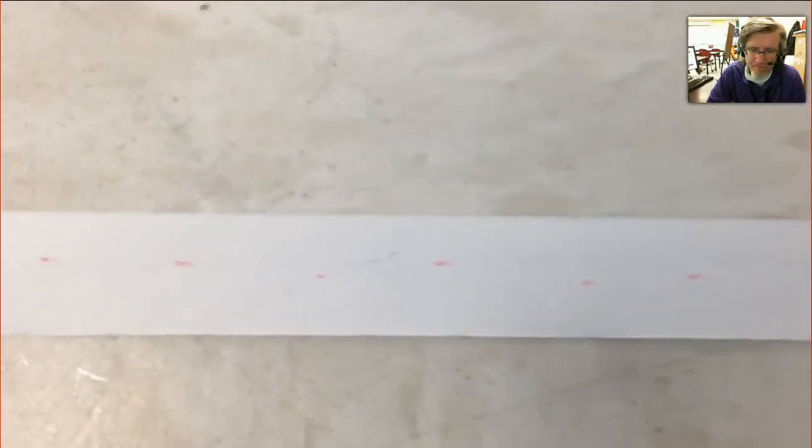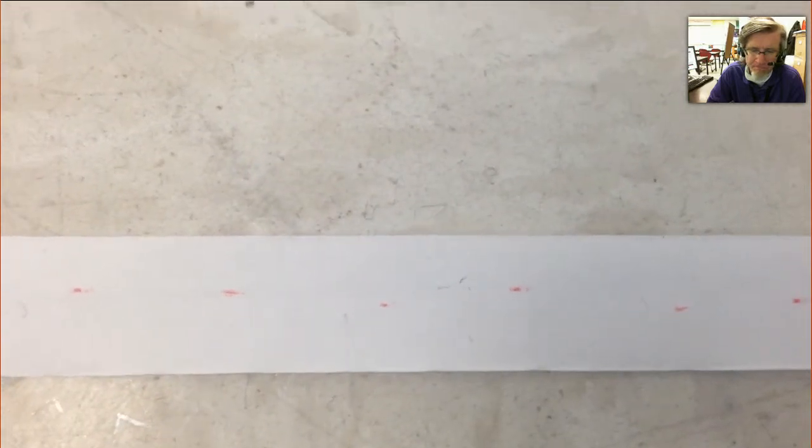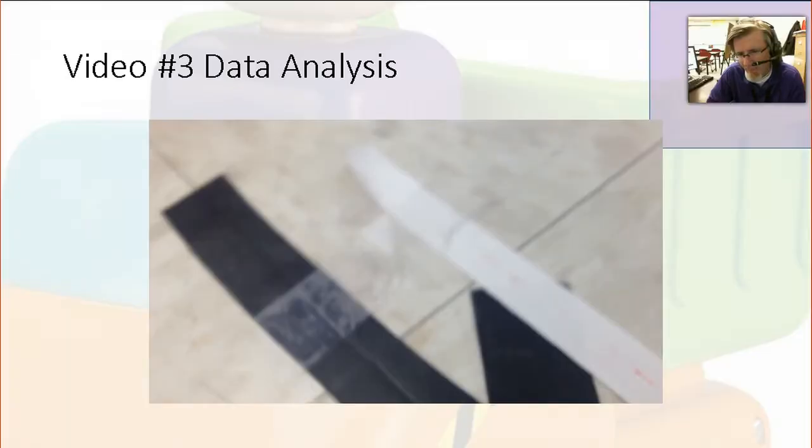We have a lot of little red dots all together. If we move along the tape, we see other dots. All the way along the tape, we have little red dots until we get to the car end.